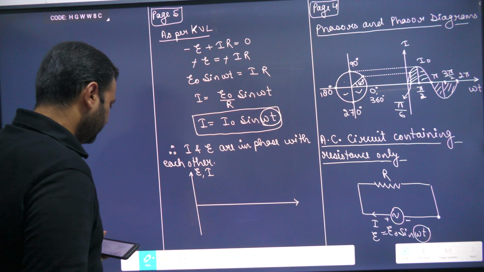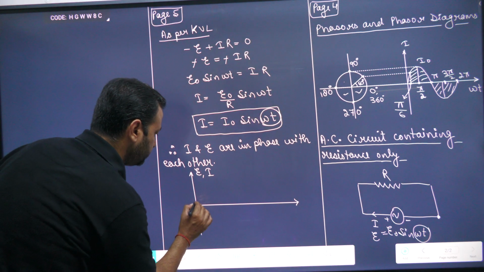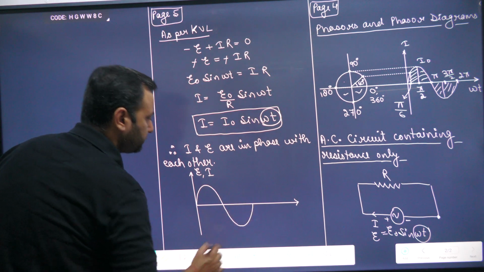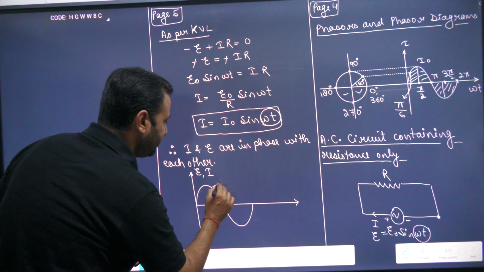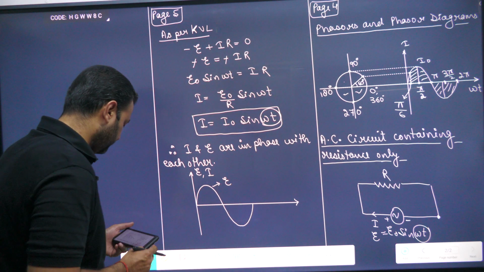Omega t is theta. This is an AC wave, and this wave is of EMF.